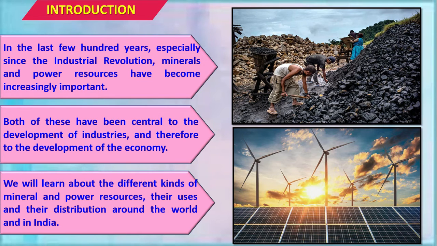Minerals are formed over millions of years by natural processes, and they are used for several purposes as they provide fuel to the industries and help in producing industrial products. The industrial revolution has been responsible for an increase in the use of minerals and the power resources, right?